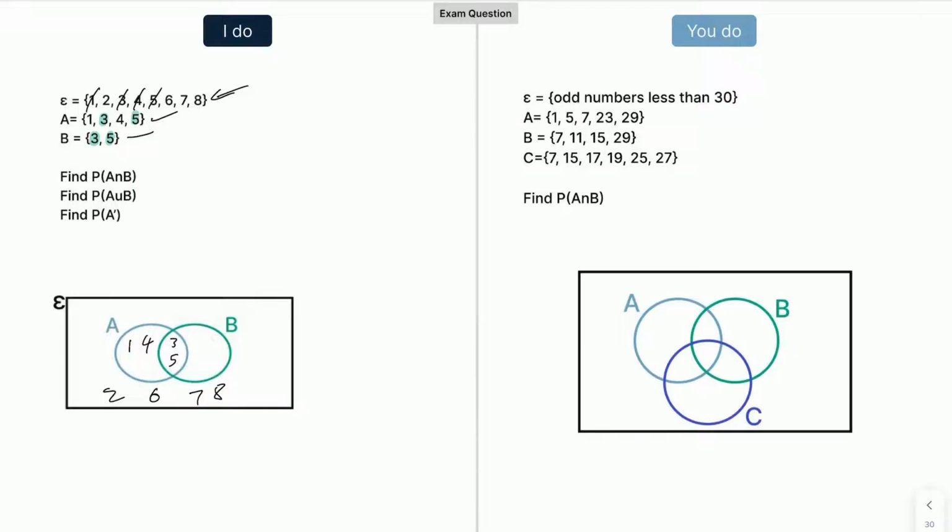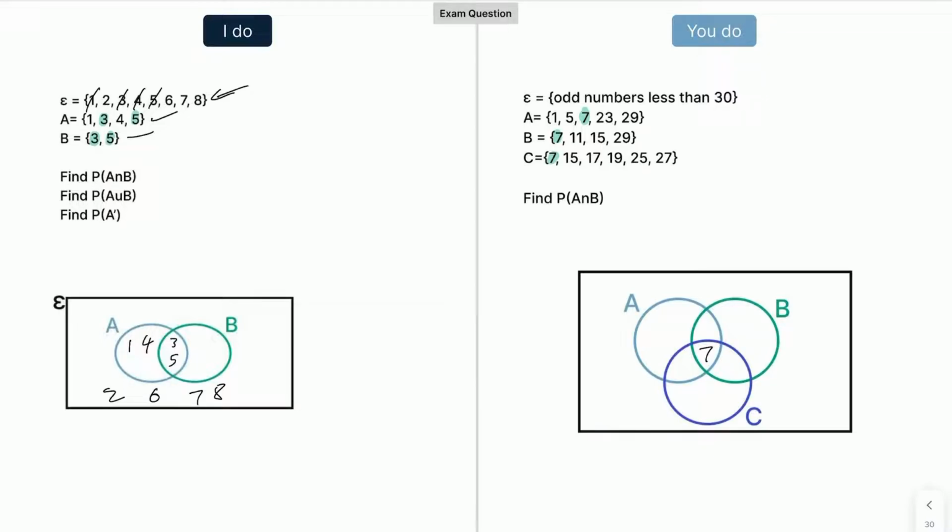So I look for overlaps first, so I can see that each one of these has a 7, 7, 7. Is there anything else that is common in all 3? Nope. So that 7 can go straight into the middle here.